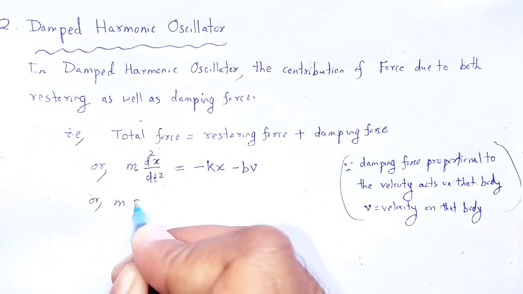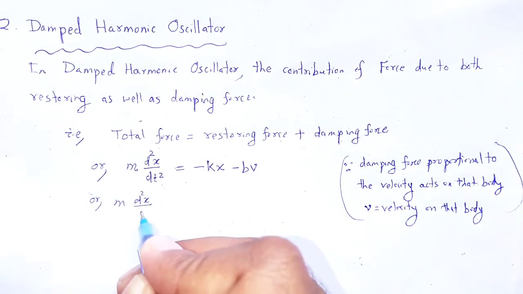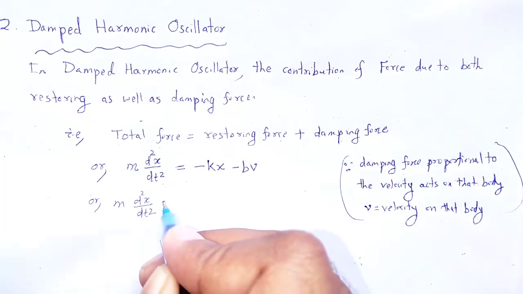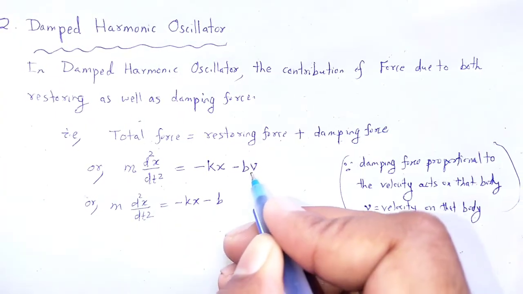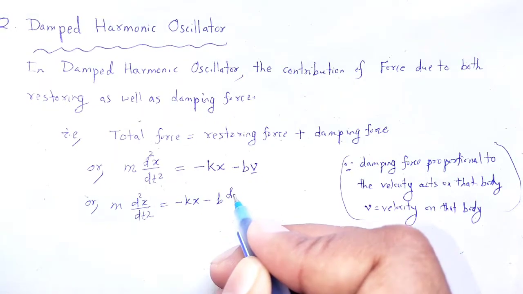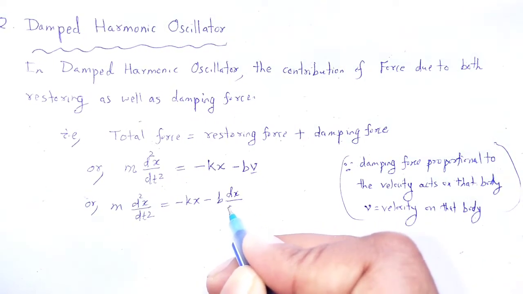Therefore, m d square x by dt square is equal to minus kx minus b times the velocity, the first order differentiation dx by dt.